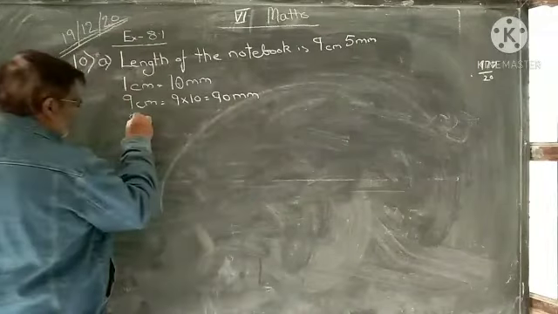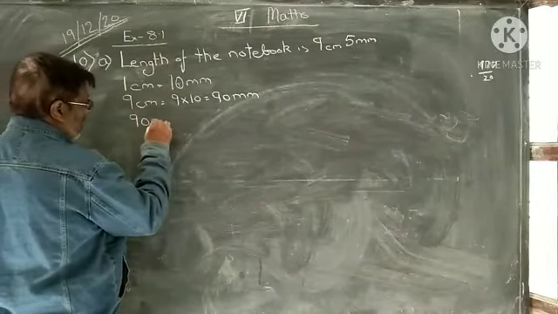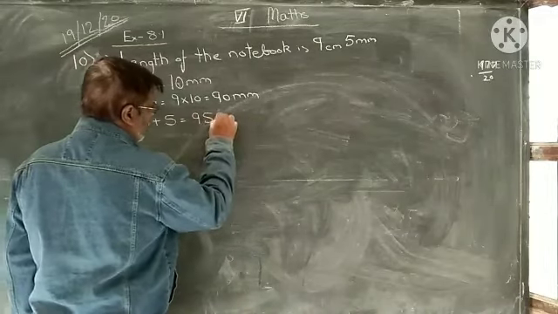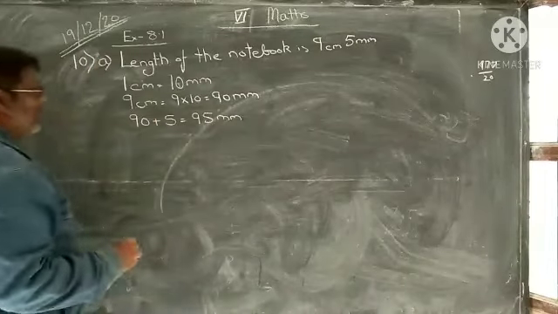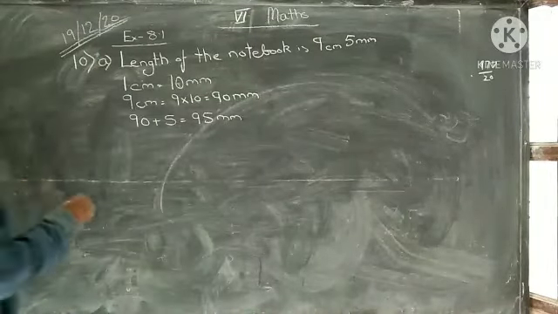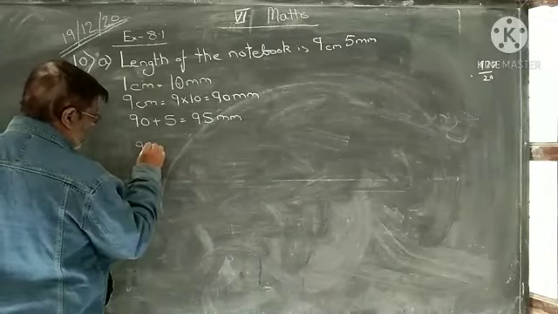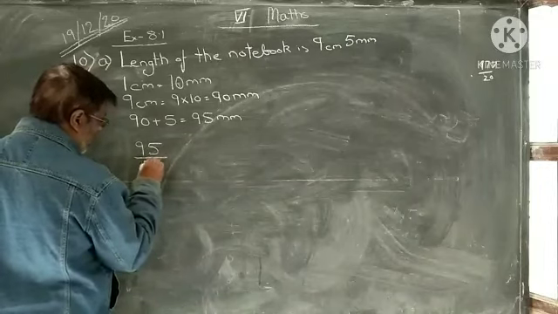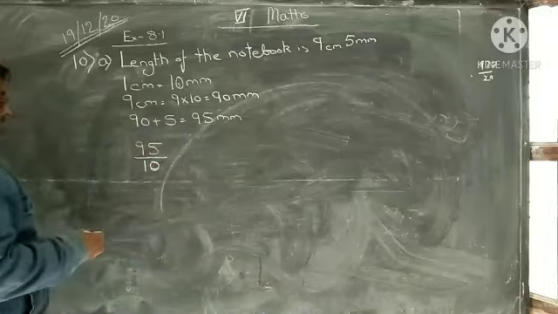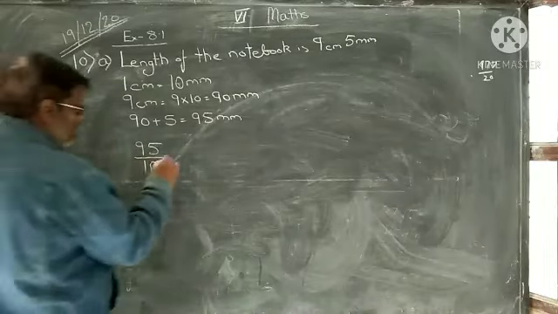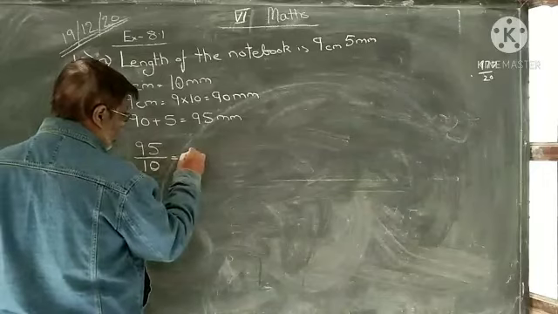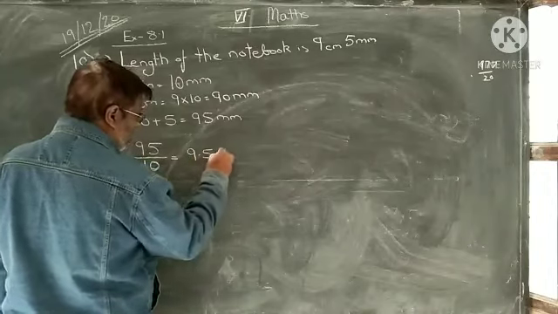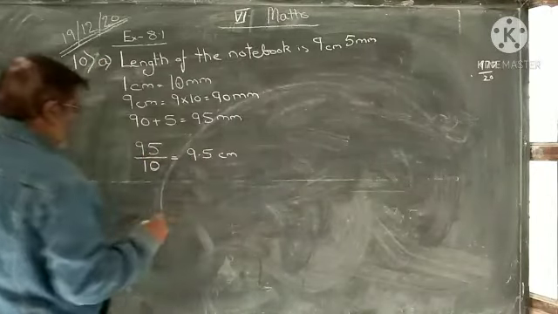When we already have millimeter with us, we don't need to convert it. It will become 95 millimeter. Now we need to convert this into centimeter. To convert this into centimeter, simply divide 95 by 10, because 1 centimeter equals 10 millimeter. It will come as 9.5 centimeter. How?